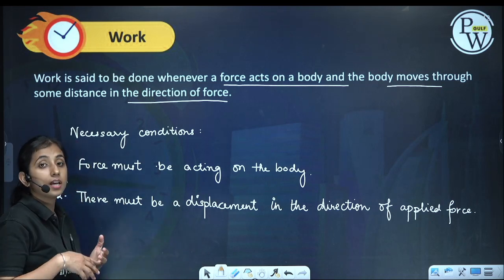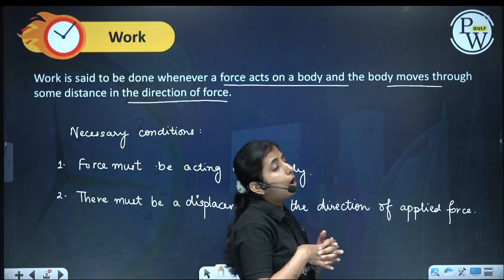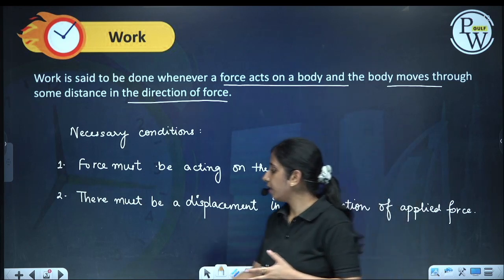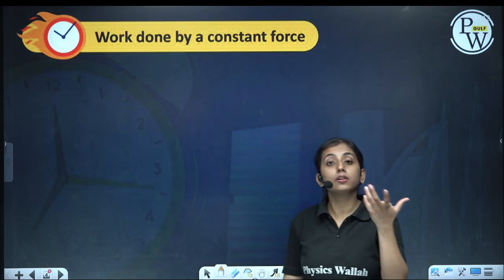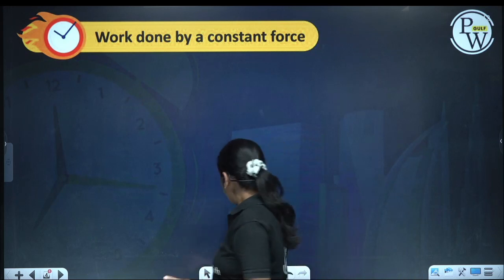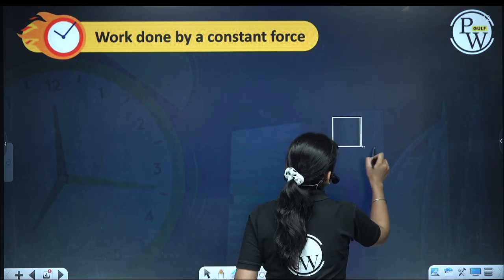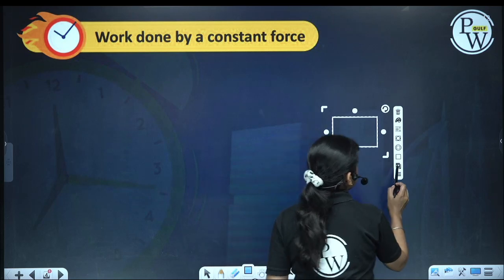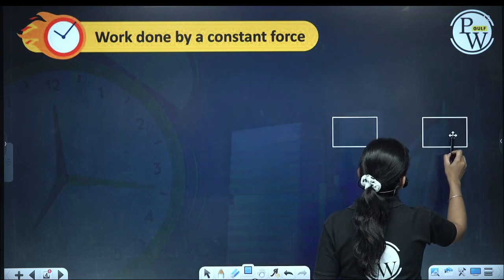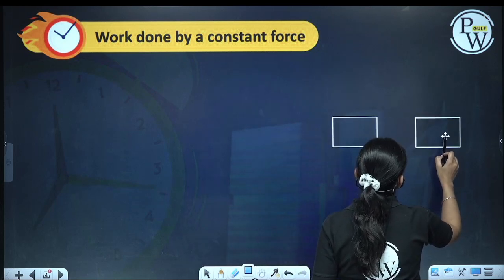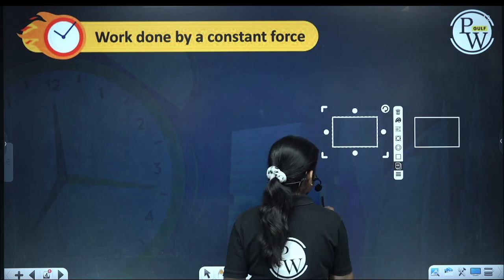Now what is the amount of work done? How we define a work done? So let us start. If constant force is acting, suppose we have a block on which a constant force is acting.